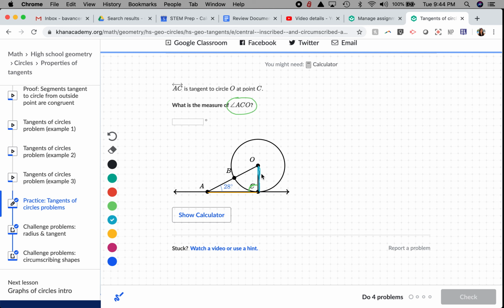Now, one thing we know about a radius and a tangent line intersecting is that they always form a 90-degree angle. So that means that angle C is 90 degrees. It will always be 90 degrees at the point of tangency. So let's type that in and check our row.